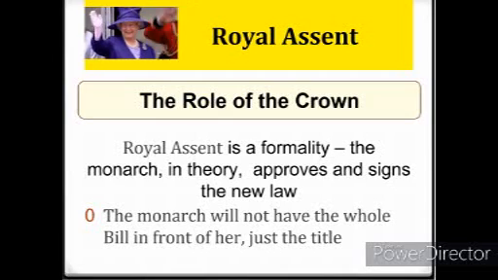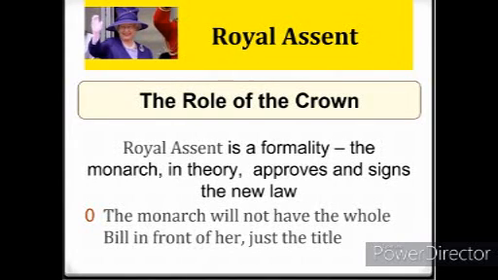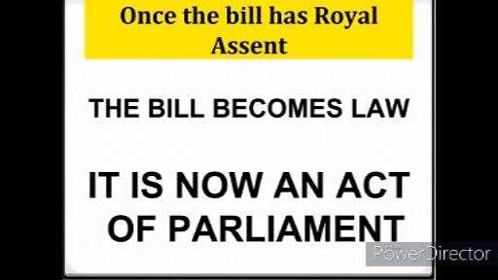To be honest, quite often she won't have the whole bill in front of her, she'll just have the title, and a lot of people claim that this is just really a rubber stamp exercise. And after the Royal Assent has happened, the bill becomes law and is now an Act of Parliament.